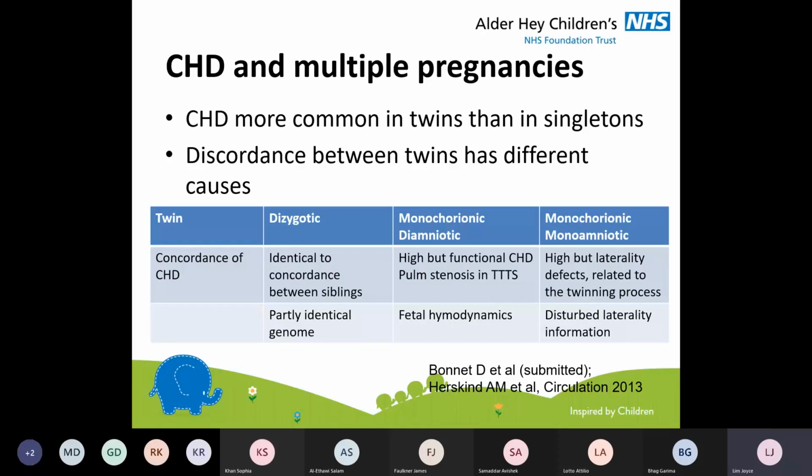But generally, if you are a dizygotic twin, versus monochorionic diamniotic, so MCDA, versus a monochorionic monoamniotic twin, you will have a higher degree of concordance, but there can be different reasons for the discordance between the types of twins itself. You can read in this paper by Heskin in Circulation 2013 if you want to know more about this.